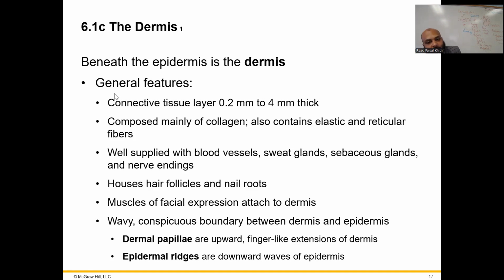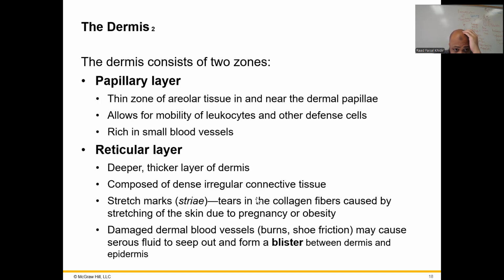Okay, so beneath the epidermis is the dermis, and it has, as we said, a wavy, conspicuous boundary. The dermal papillae are upward finger-like extensions of the dermis, and the epidermal ridges are downward waves of the epidermis.